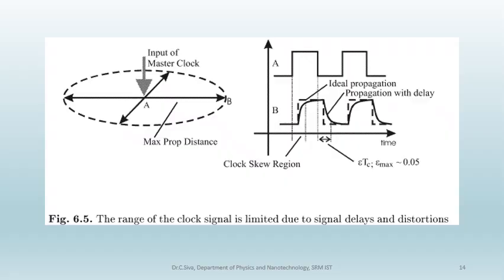This figure, figure 6.5, shows that wiring delay and distortion limit the maximum usable interconnect length. As frequency increases, the acceptable wire length shrinks drastically.